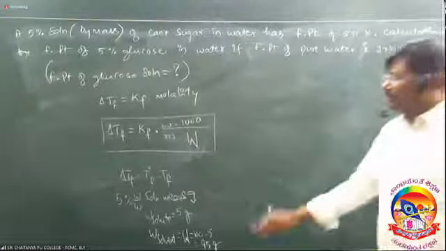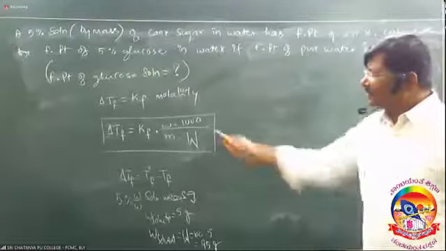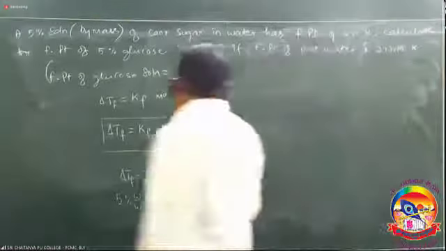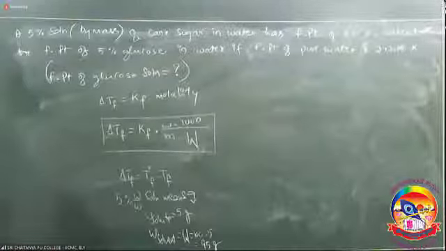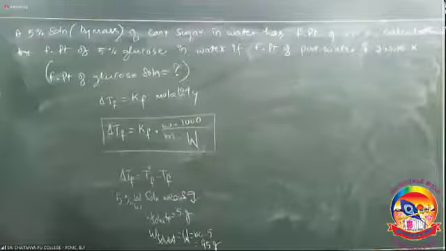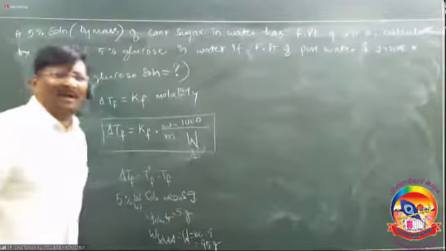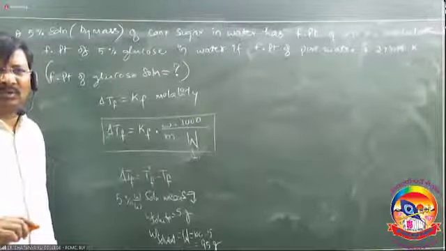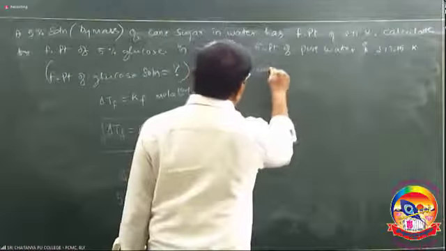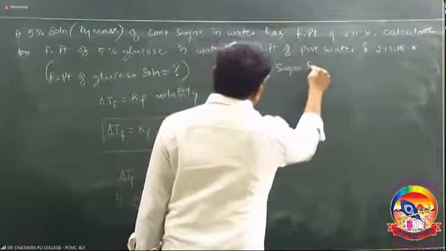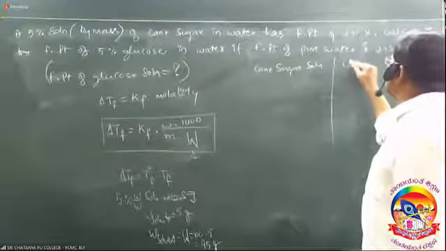Now let us see, in this formula, what all are constants? See, the logic of solving the problem. Two solutions are there: one is cane sugar, the other one is glucose.